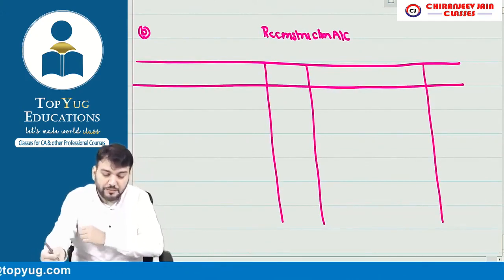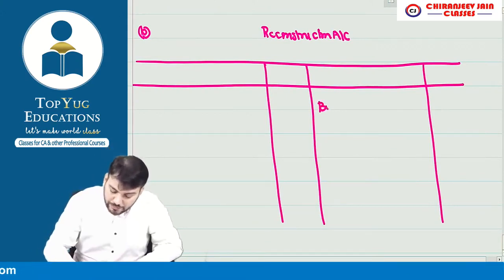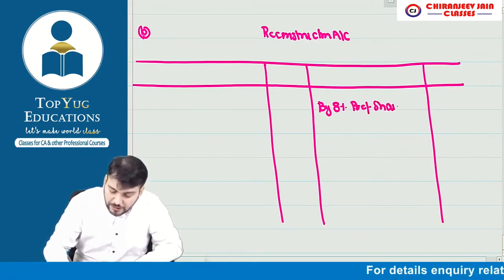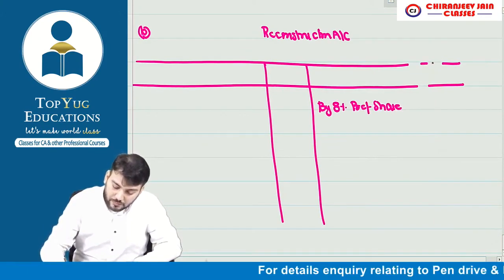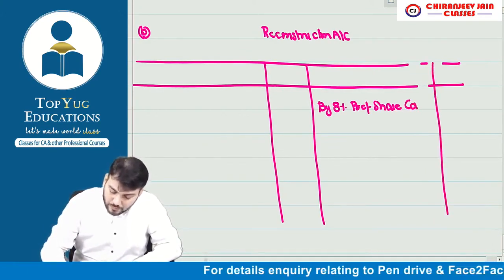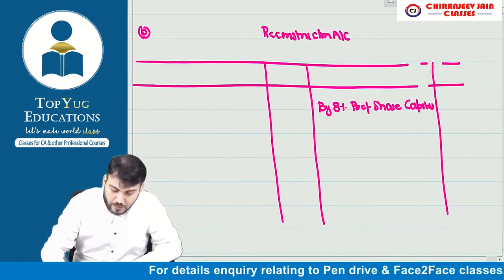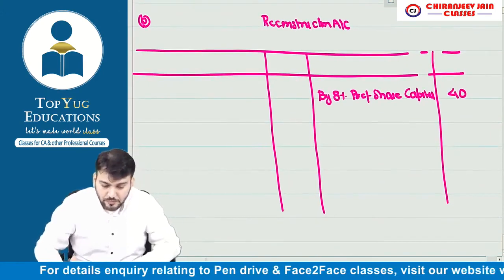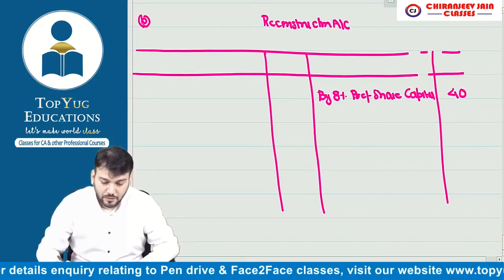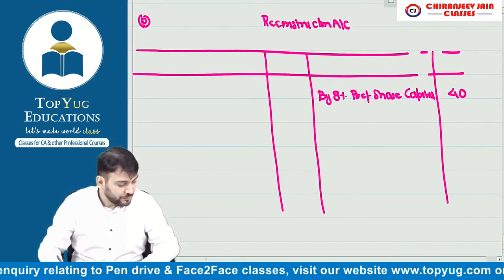So let us do it quickly. By 8% preference share capital, how much? 40 lakh. Correct?